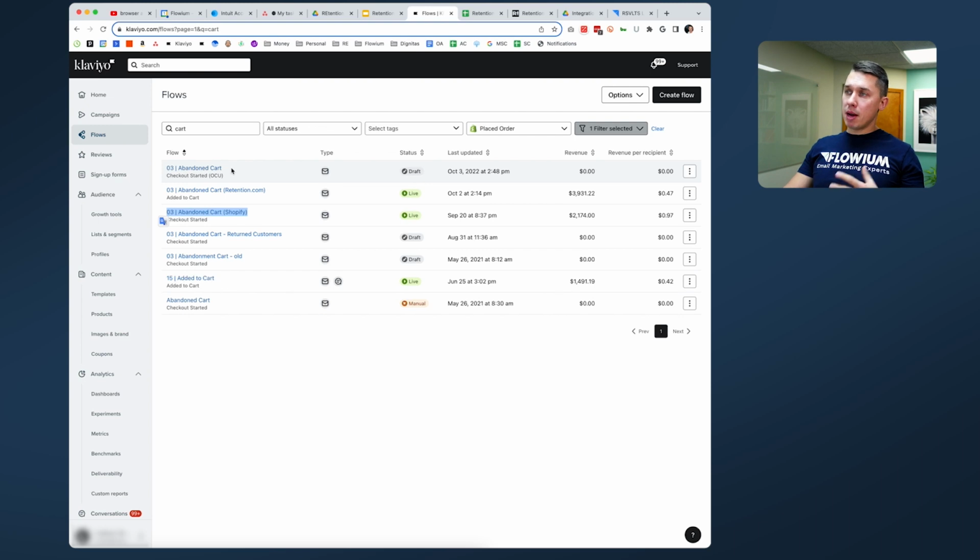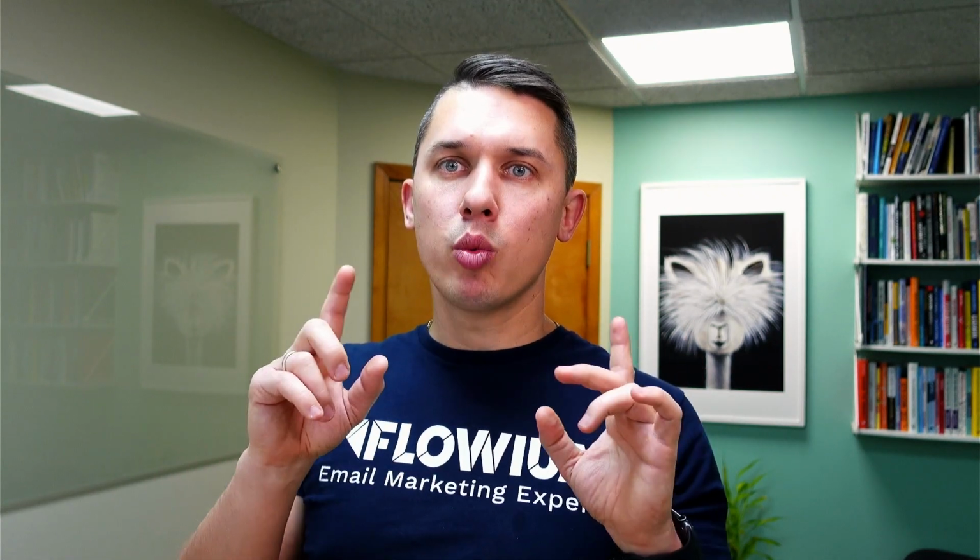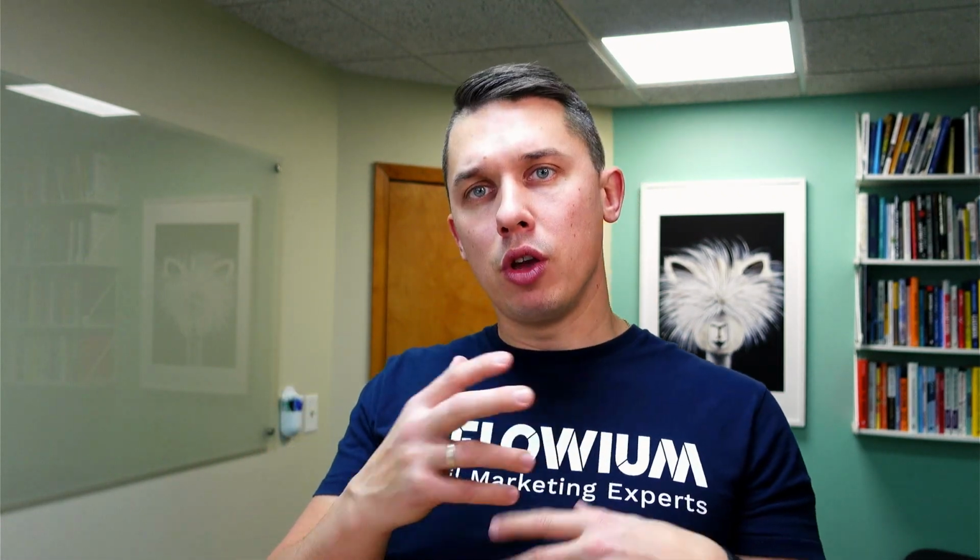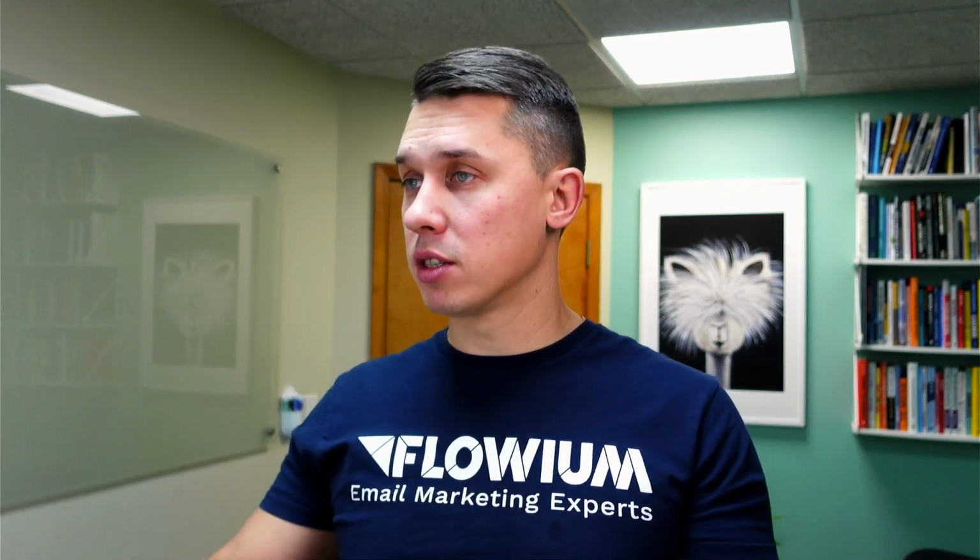So for abandoned cart, let's go to Klaviyo, and again, let's do it step by step. If you have an abandoned cart or add to cart flow, you can just copy it and change the trigger. However, this time I would like to start from scratch. So you will have two options: either just duplicate and follow me, or you can start from scratch.